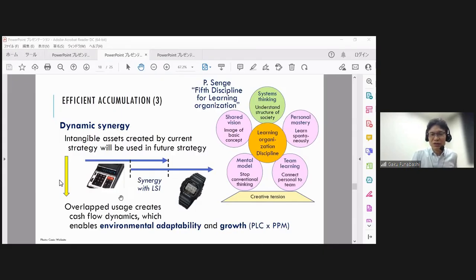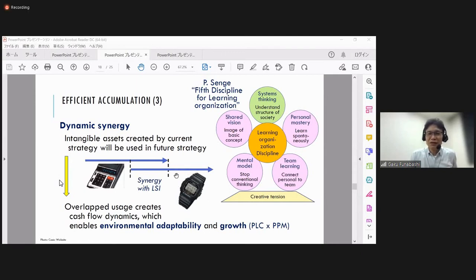And also calculator that time was at the maturity stage. And why they needed to invest in the digital watch, because sooner or later calculator will be the declining product. And they will lose the consumers before they disappear from the market. Casio wanted to introduce another product which has a potential, that is this kind of product, digital watch.